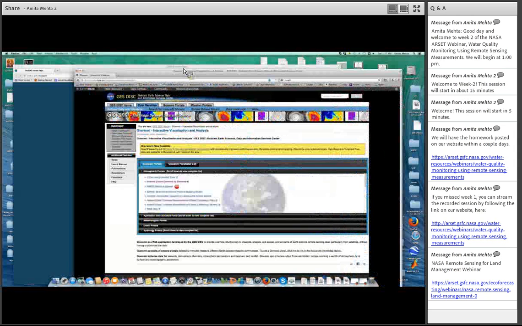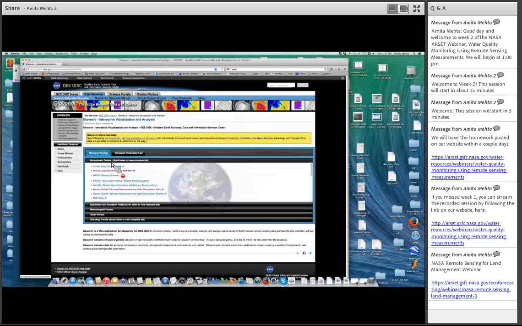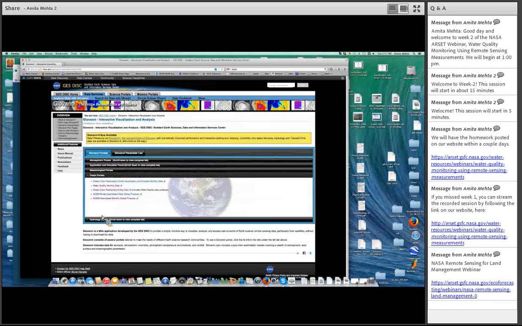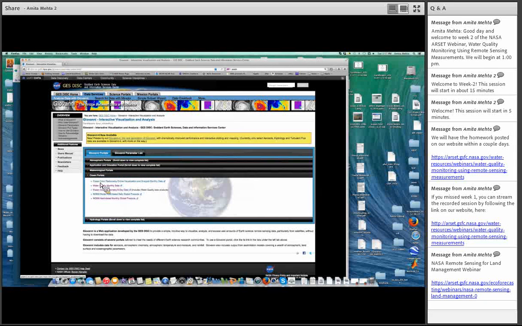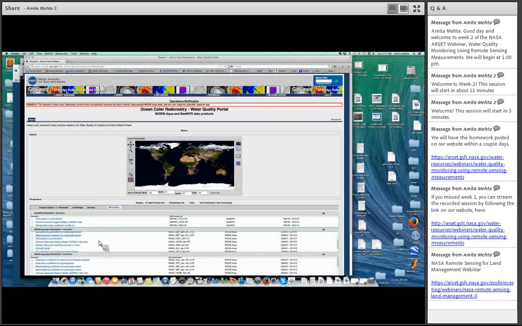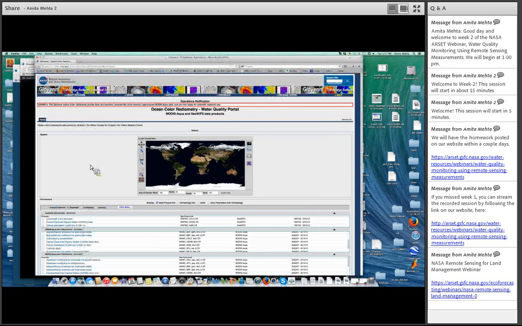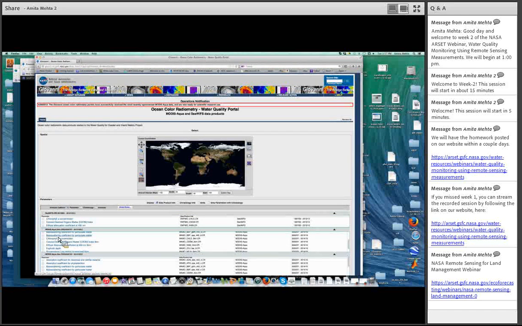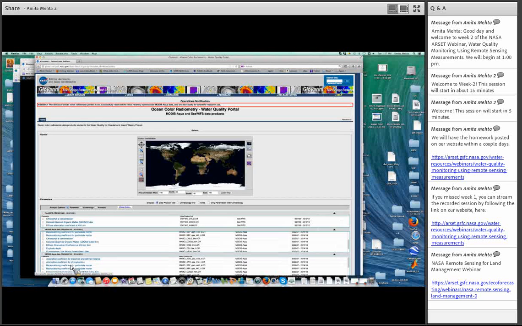So this is the Giovanni site, and here's the ocean portal. Let's look at water quality monthly data. One can see that data are available from past SeaWiFS, and for MODIS Aqua at 9-kilometer resolution and at 4-kilometer resolution as well. The parameters available are listed here and can be chosen by clicking here.